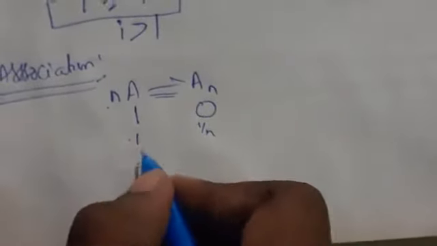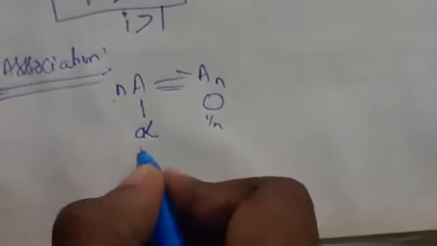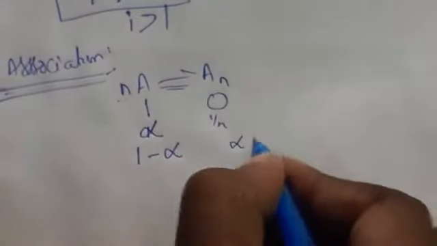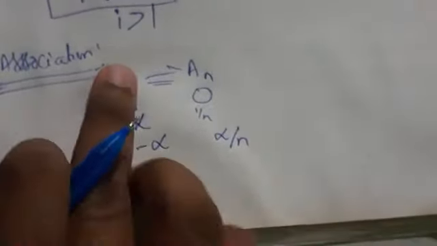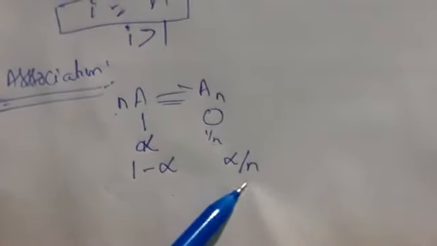So 1 minus alpha gives rise to alpha by n molecules. See, once again I am explaining, where alpha is the degree of association. So after association we get alpha by n molecules.